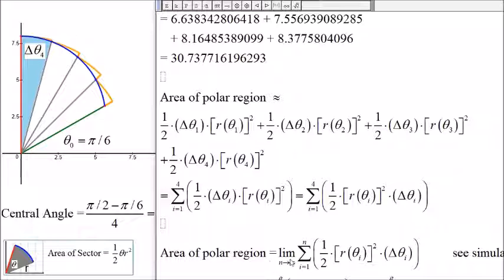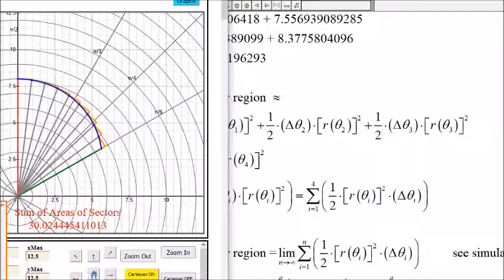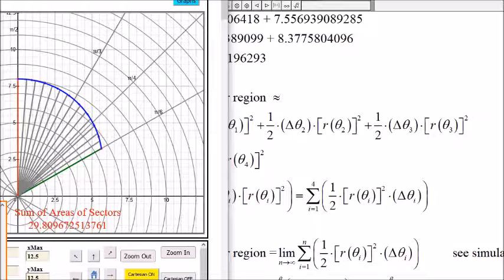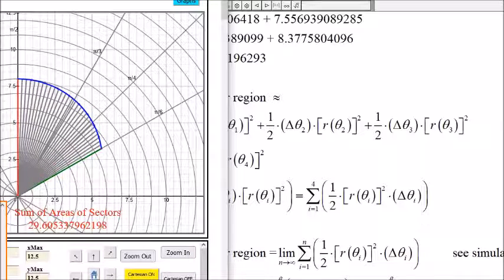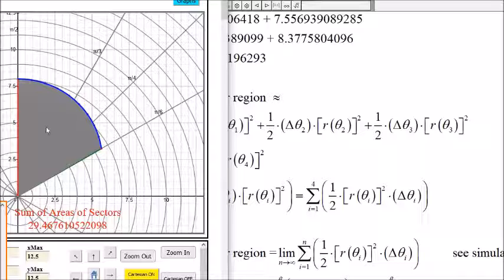And again, if we want the exact area of the region, then instead of 4 sectors, we would fill it up with many, many sectors. This is filling the polar region up with 100 sectors.